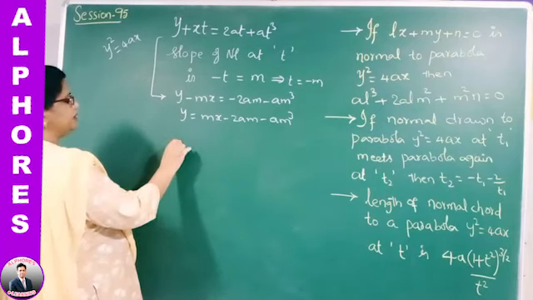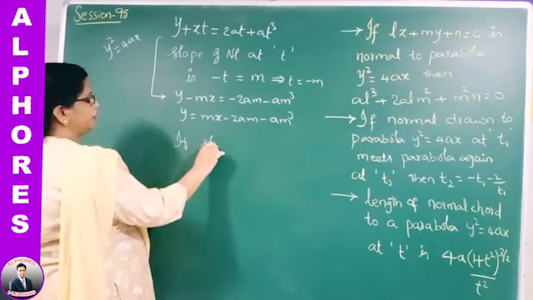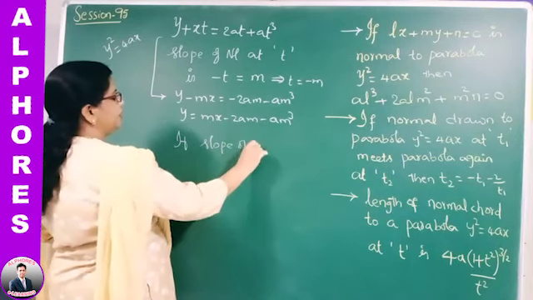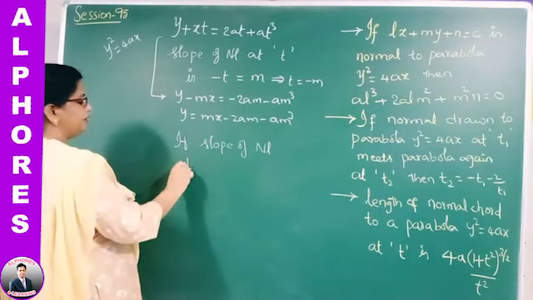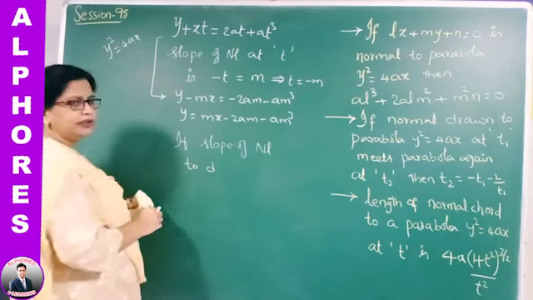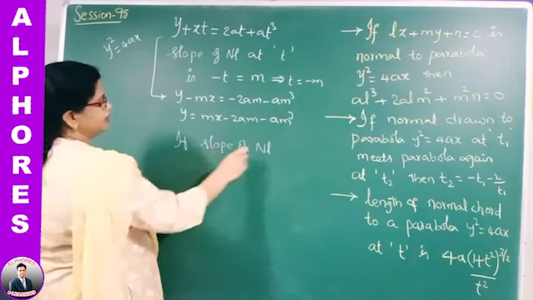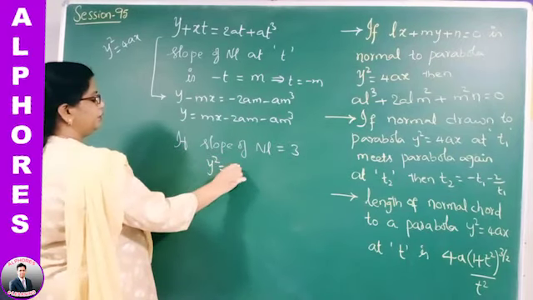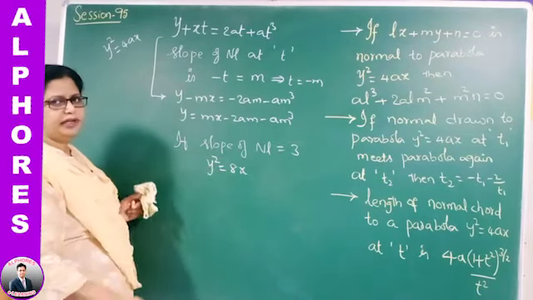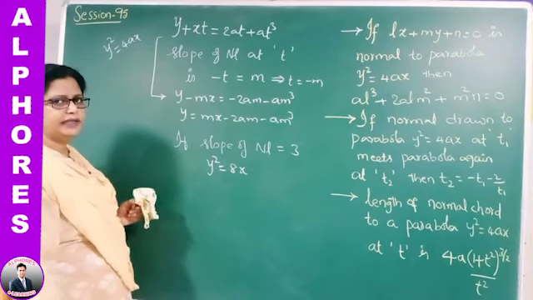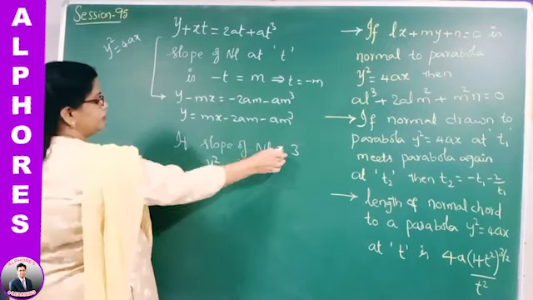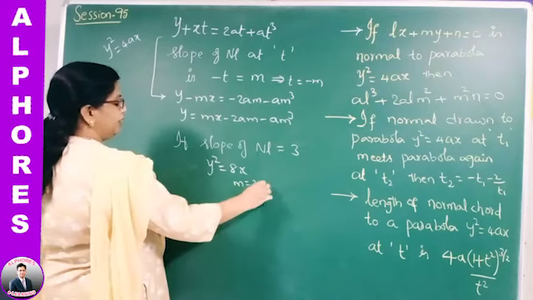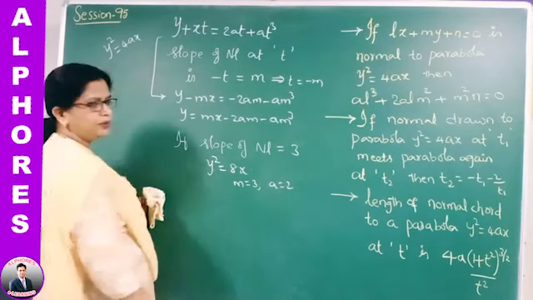Suppose a problem is given: the slope of the normal drawn to the parabola y square equal to 8x is given as 3. Then directly we can substitute, no need of a point. Here m is 3 and a equal to 2.